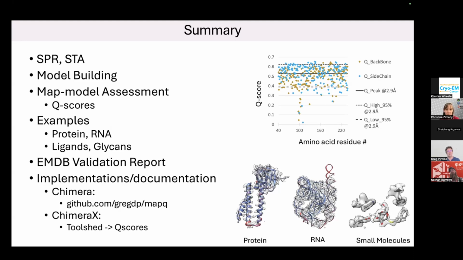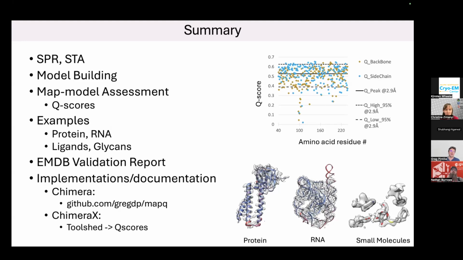If you're averaging over a small number of atoms, like a backbone group or a side chain, it might be hard to relate this directly to resolution, because each area might be a little different. There might be more flexibility. So that can be less of an indication of the resolution of the map. But taken together on average, because they're correlating so well, they can be used that way.